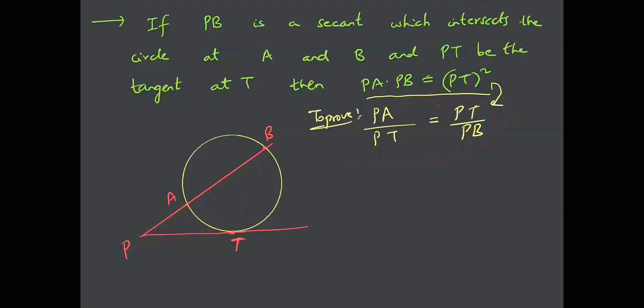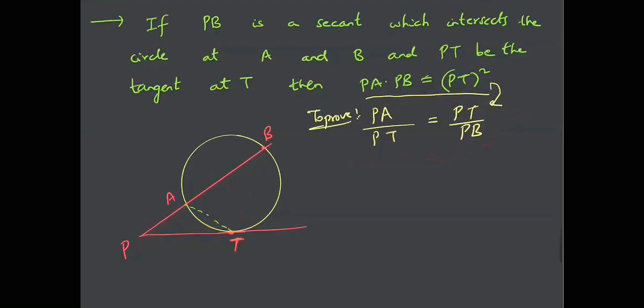So let us join AT. Also, let us join BT. Now this AT is the chord and T is the point of contact. This is the tangent and this is the chord through the point of contact.